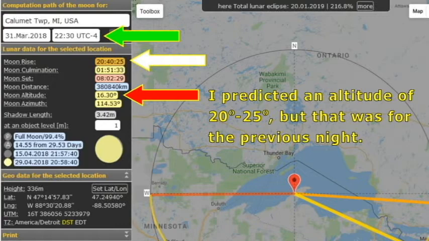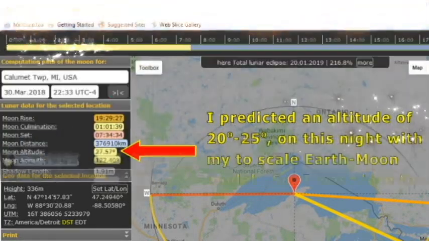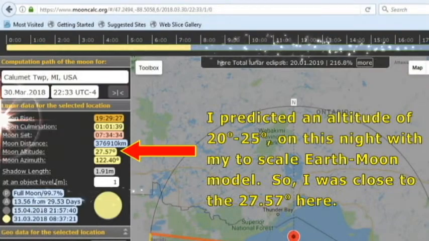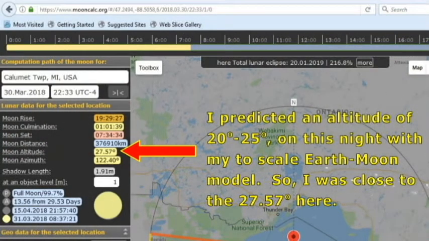The red arrow is showing the altitude of the moon at the time of the photo, and I had predicted 20 to 25 degrees, but that was for the previous night. So I predicted the altitude for the night to which my scale Earth-Moon model applied, and I was close to the actual 27 and a half. That was predicted for the night before.